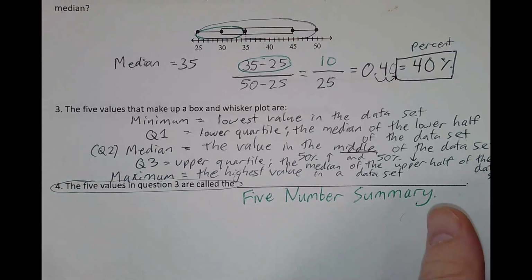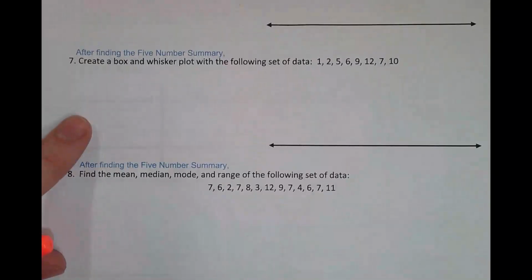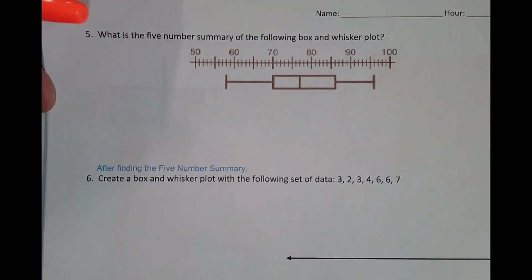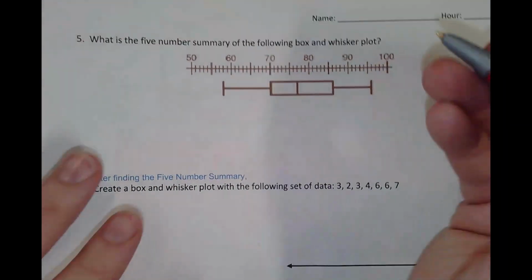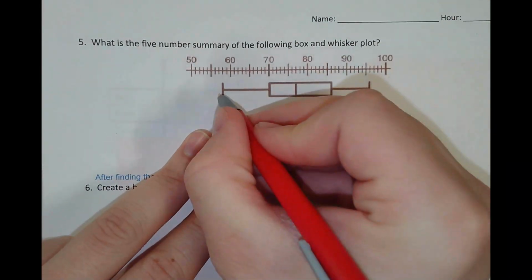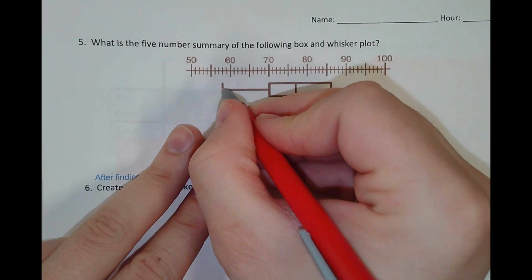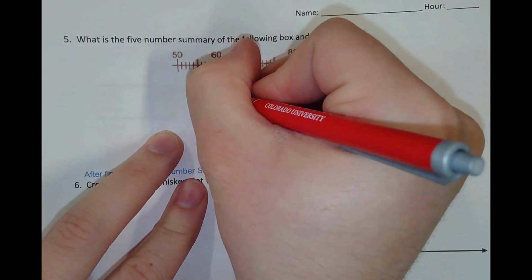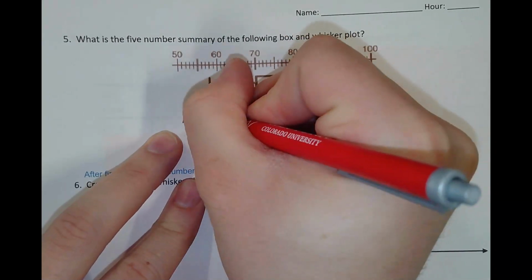Once you're ready, flip your papers to the other side. So here we go, number 5. What is the 5-number summary of the following box? Let's find what the lowest number is. So the minimum is going to be 58. Right there, the minimum, I'll just say MIN.